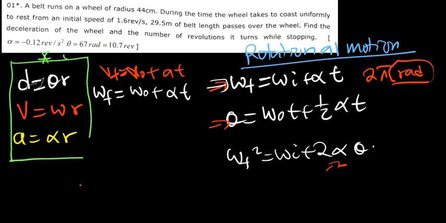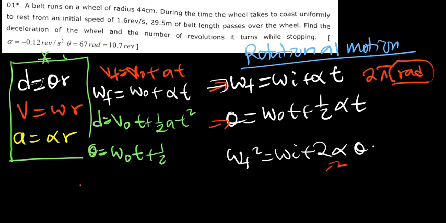Then that other formula, d is equal to v initial times t plus half acceleration t squared. Since I know that d is theta when it comes to rotational motion, then velocity is this, times t, plus half acceleration, which is alpha, then t squared.